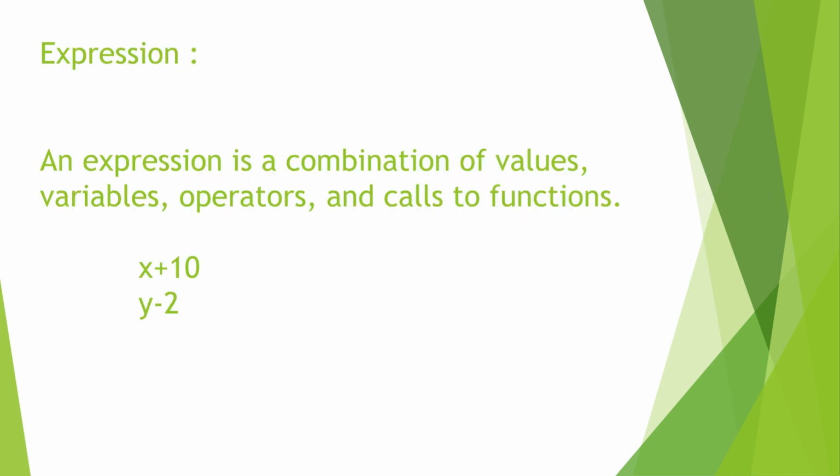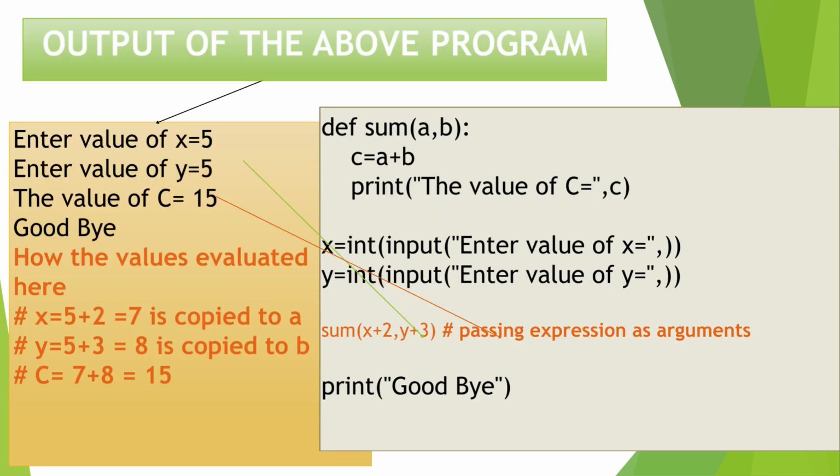Let's see the output. You can see here that the user has entered 5 and 5 in both variables x and y. Then these are added to 2 and 3, and the final value of x is 7 and y is 8, which are then copied to the variables a and b, where a and b are the parameters. So the value of c will be 50.